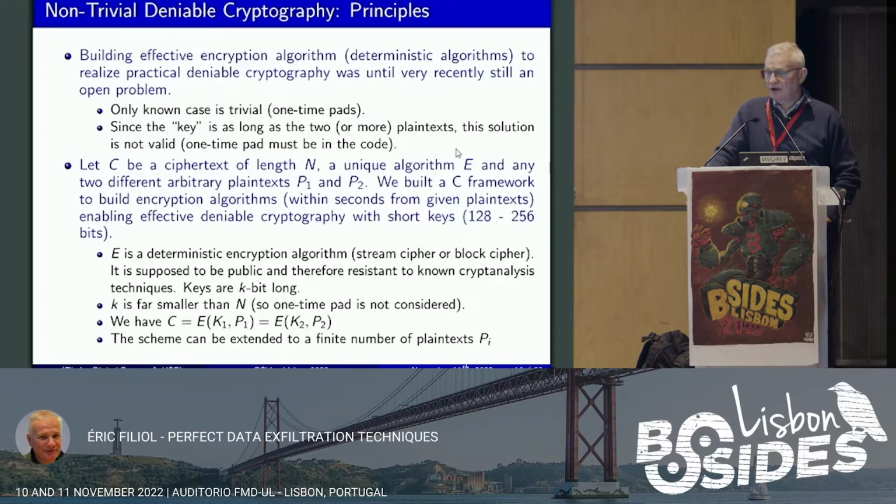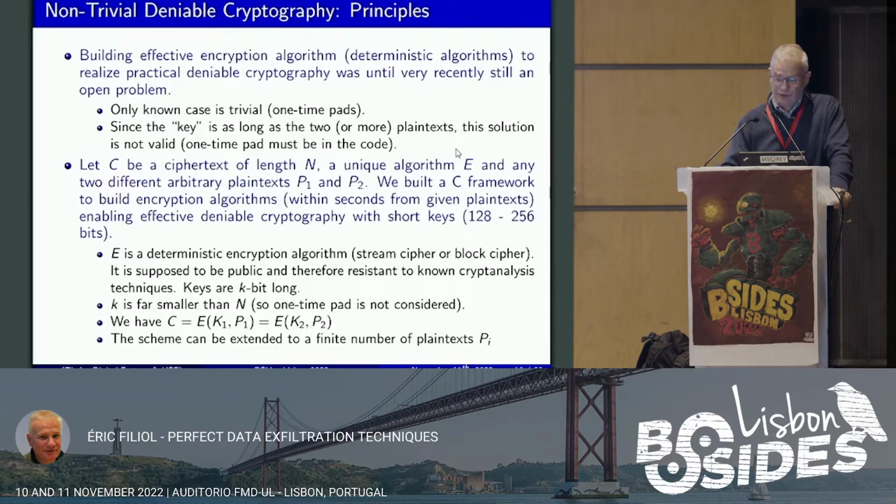So the algorithm E must be deterministic, so it may be a stream cipher or a block cipher. We are currently working on a block cipher version. It must be supposed to be public. It means that even if all the cryptanalysts of the world try to analyze it, it should not be possible to break the algorithm.